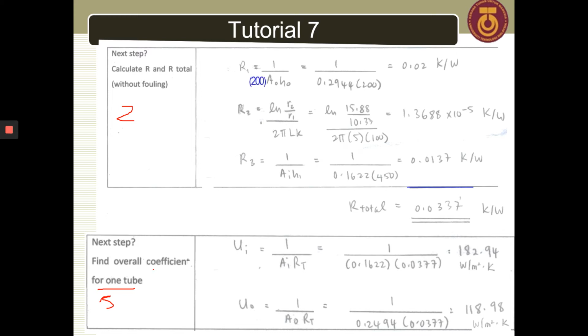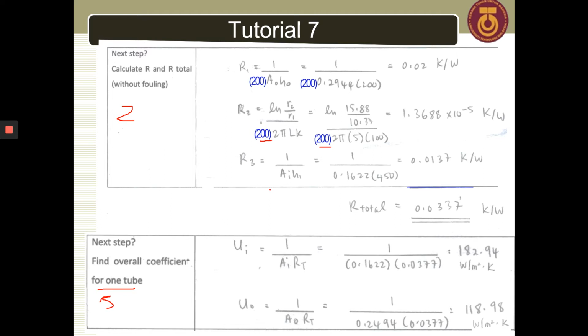So for the resistance here, the area is for one tube, so you multiply it by 200. That means your answer here, you're going to divide by 200, right? Same here for R2, because here is the length for one tube, so you must consider the length for 200 tubes. So when you put 200 here, you put 200 also here.